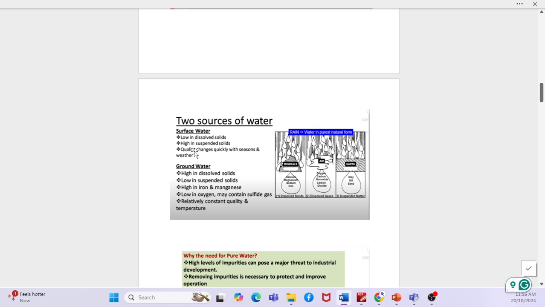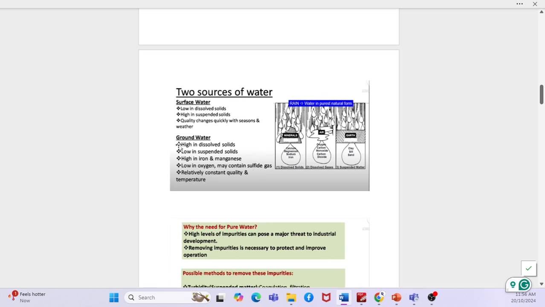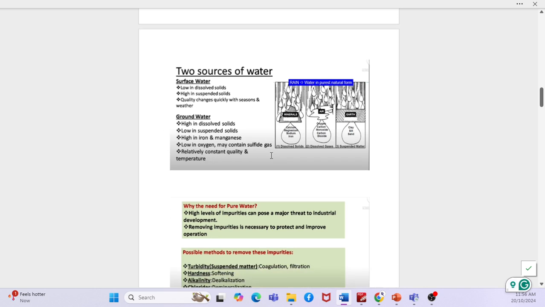When you talk about groundwater, it is high in dissolved solids and low in suspended solids, high in iron and magnesium, low in oxygen, and may contain sulfide gas, with relatively constant quality and temperature. So this is about the source of water.